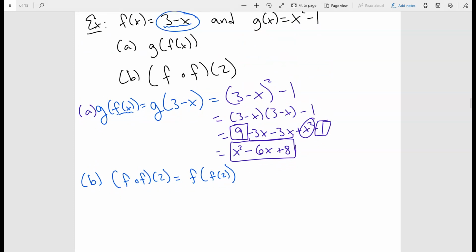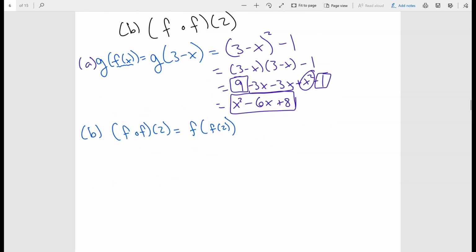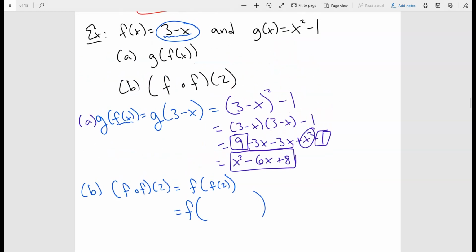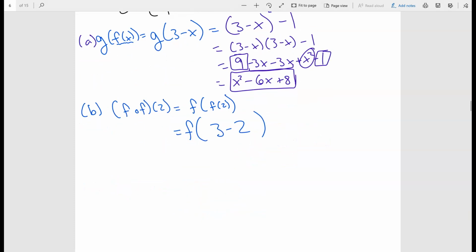The first thing that I want to figure out is what exactly is this f of 2? So this f of 2 is basically plugging in a 2 in there. So it's going to be 3 minus 2. Okay, because we're just plugging in the 2 into the f. So that's going to give me f of 1.